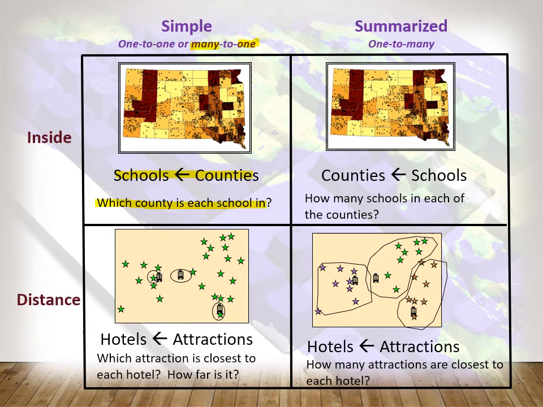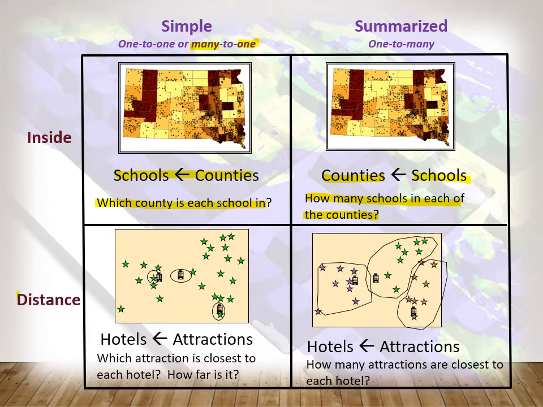Now we could flip this question around and say how many schools are there in each of the counties? There's only going to be one county for schools, so you're going to have to summarize the attributes of those schools. And remember, when we do a summarize, we get a count, so that'll help answer this question. All right, so those are inside joins.